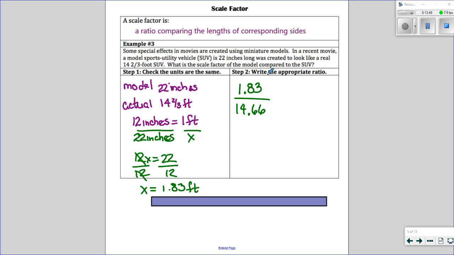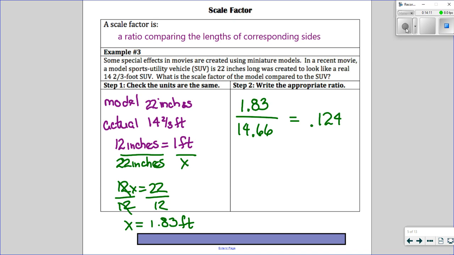Then we're going to see what the scale factor is, and it comes out to 1.24. And if I were to put that into a fraction, that's a huge fraction. Okay, so that would be the scale factor.